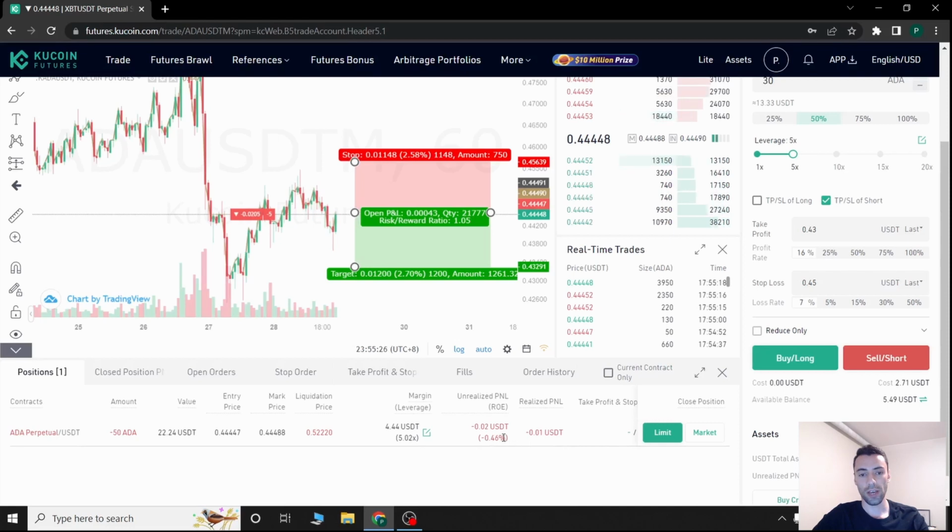So here we actually are in the loss. If it was green, it means we were in profit, we're gaining profits, but we have to wait until the position ends. But we don't actually want to make this position. I just opened it for educational purposes.